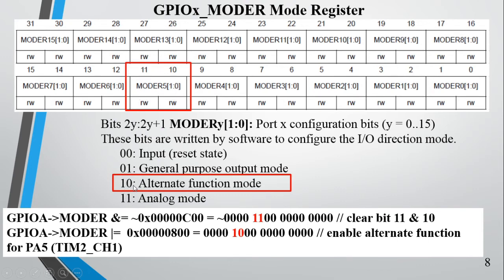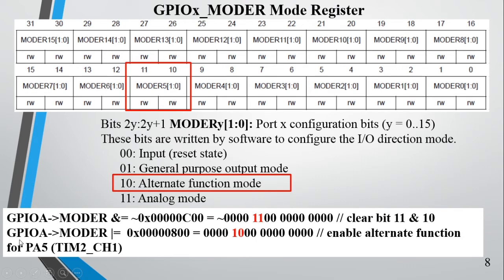If you write 1, 0 to the mode selection register, bit number 11 and 10, PA5 will be configured with alternate function mode. Only then, in the next step, can we configure which alternate function should be there for that pin. Right? So here you are configuring PA5 with alternate function mode. That means bit number 11 should be 1, and 10 should be 0.